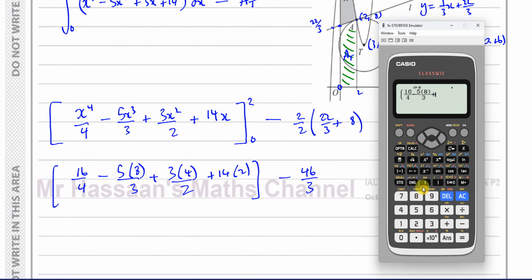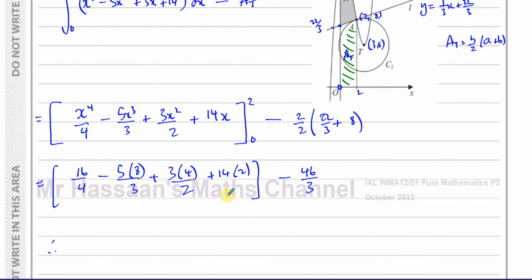That's 12/2, which is 6. I'll just put 6, that's easy anyway. Plus 28. Close that bracket. Minus, to be sure, 22/3. Keep that in a bracket so it's protected from the minus sign, plus 8. Now when I put that in my calculator, that should give me my final answer, which is 28/3.